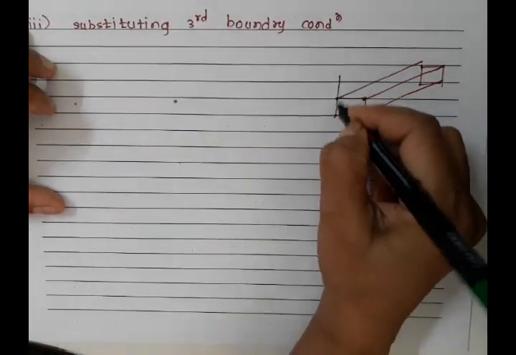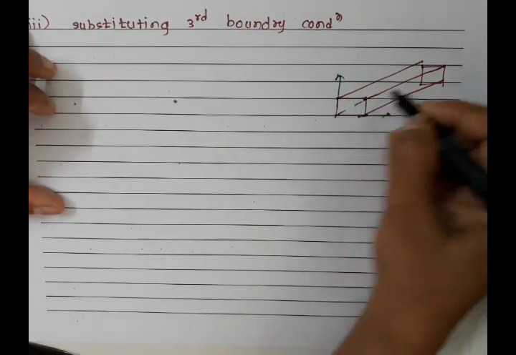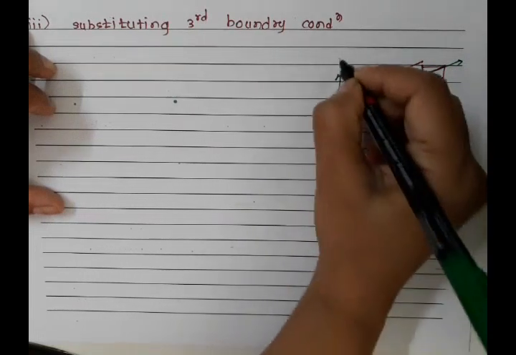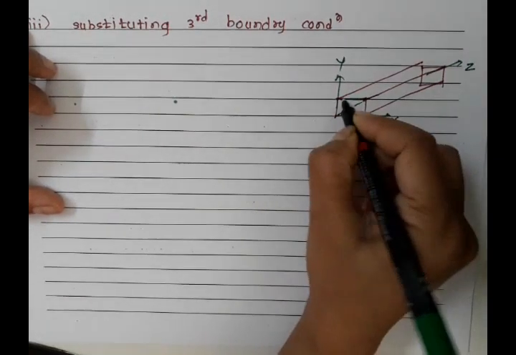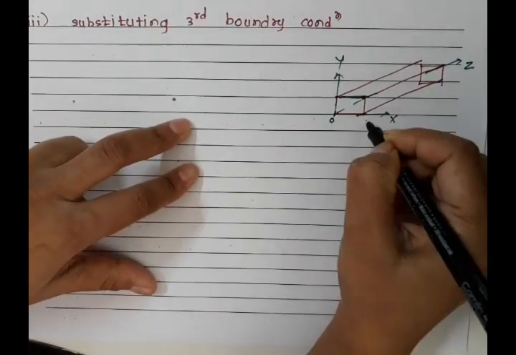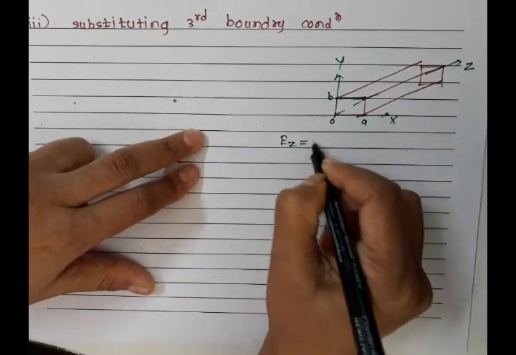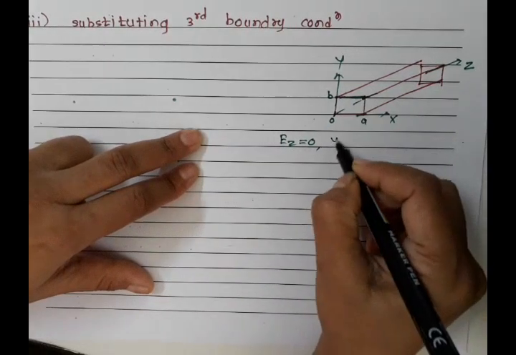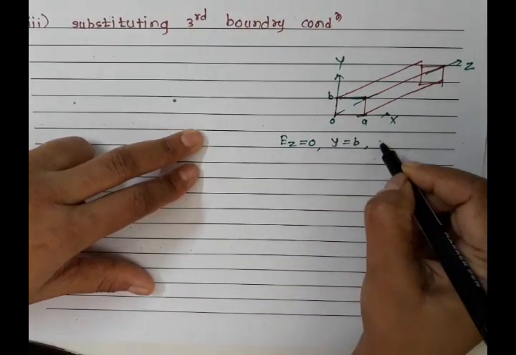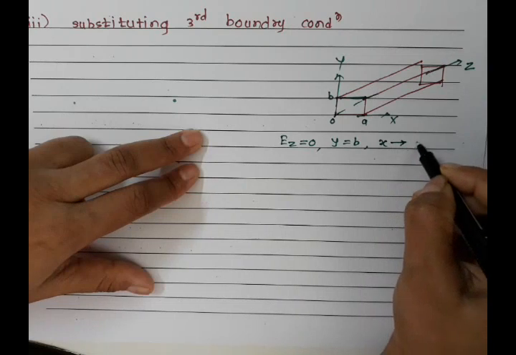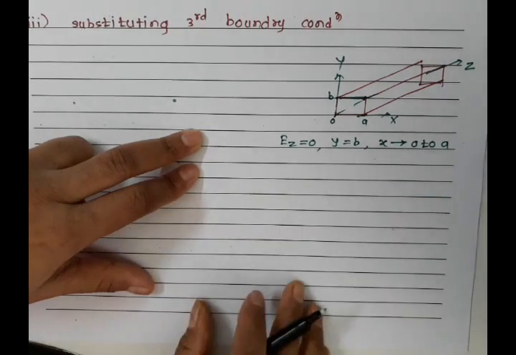If you say this is the x direction, y direction, z direction, the top side is 0 to A and 0 to B. So for the third boundary condition, Ez is equal to 0, where y is equal to B, and x varies from 0 to A. So this is your third boundary condition.